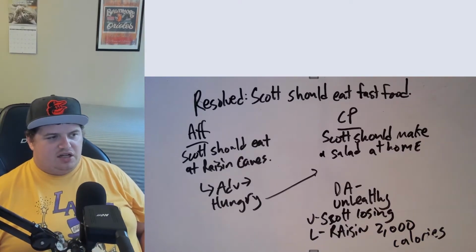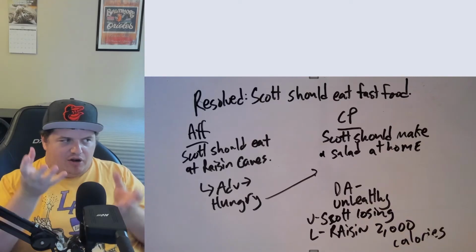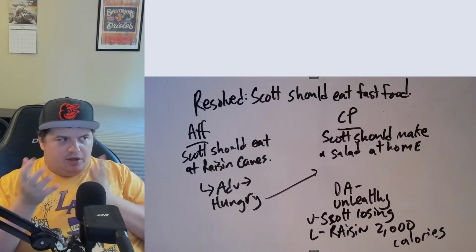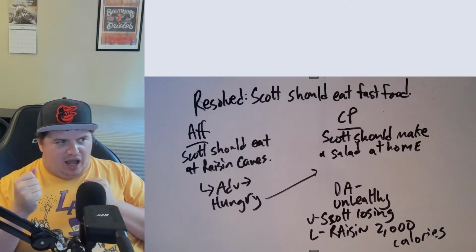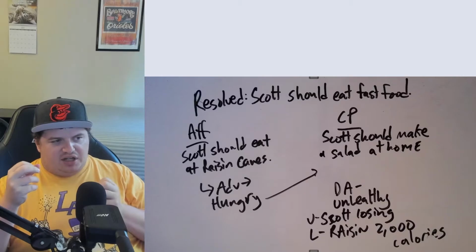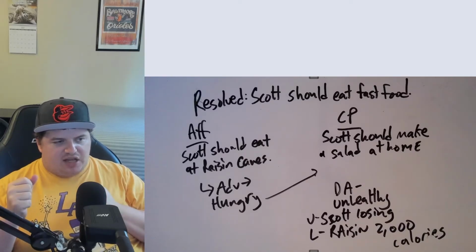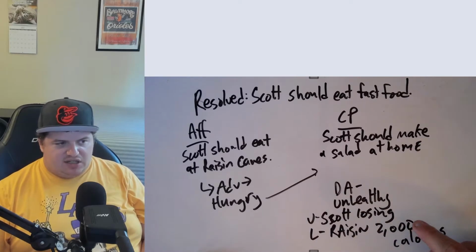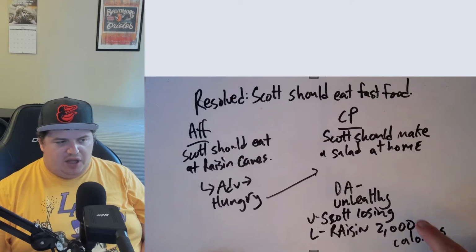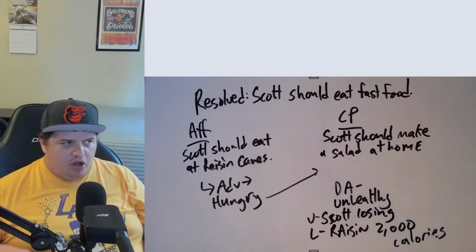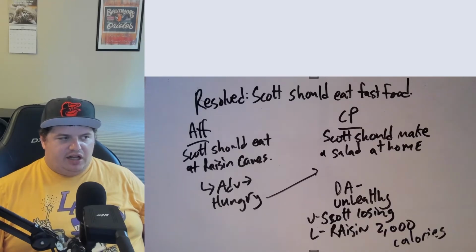So in the instance where we combined the AF and the counterplan together, we said that the perm linked to the DA, right? The perm in this instance was Scott should eat Raising Cane's and Scott should make a salad at home. We said that the combination of those two, since it still included Raising Cane's, led to there being a lot of calories, which caused me to link to my unhealthy eating DA.